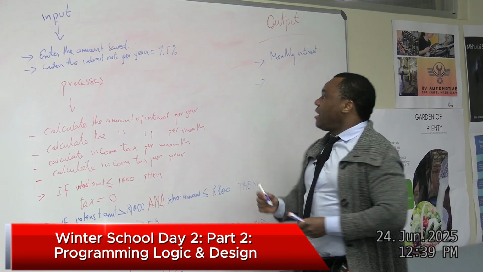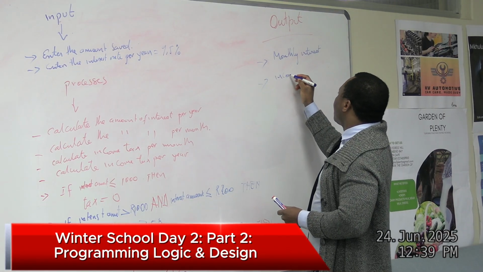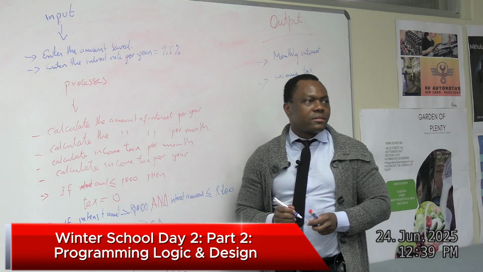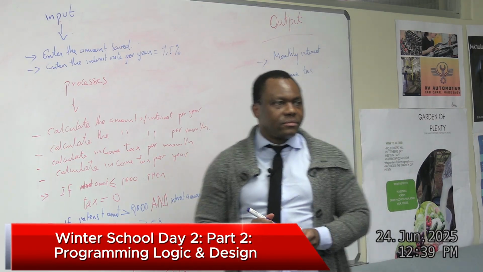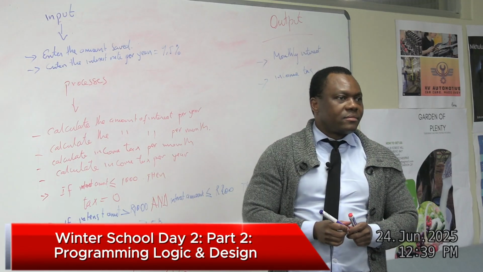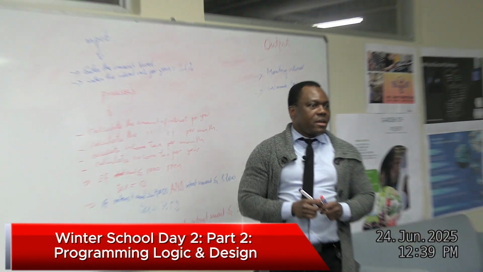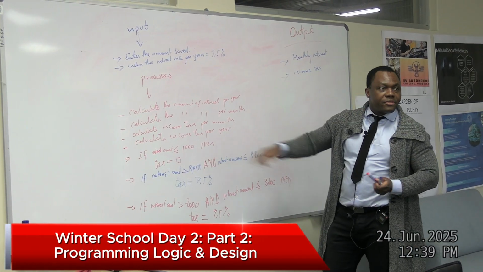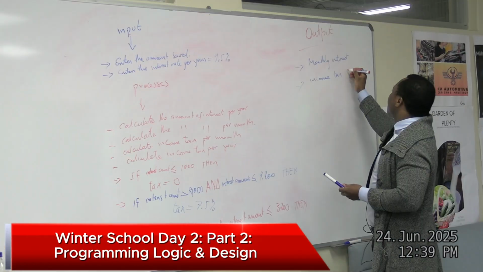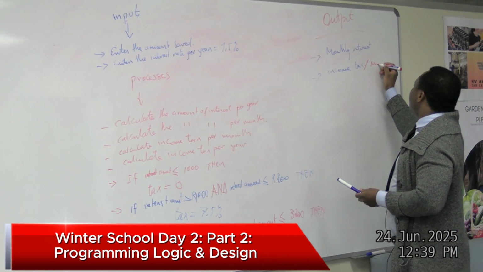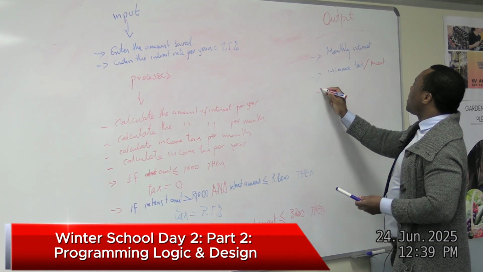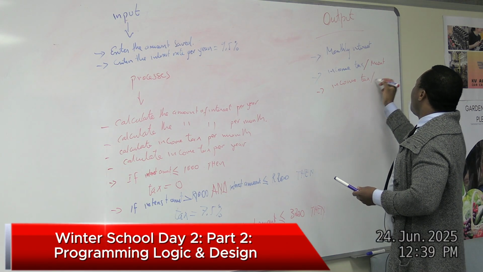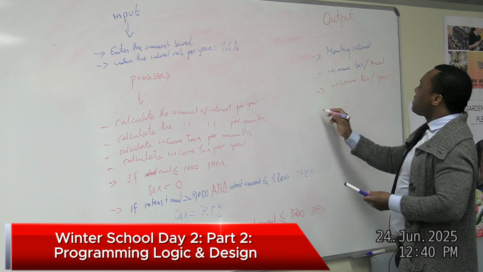Income tax. Is that income tax per year or per month? Should we do tax payable for a month and per year? Exactly. Yes. Because we did things here for per month and per year. Income tax per month. Also income tax per year. What else?